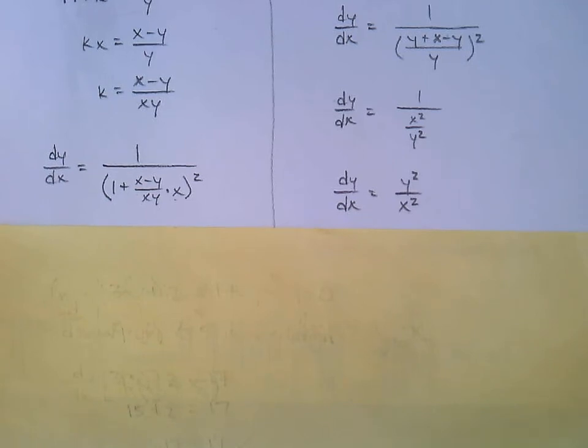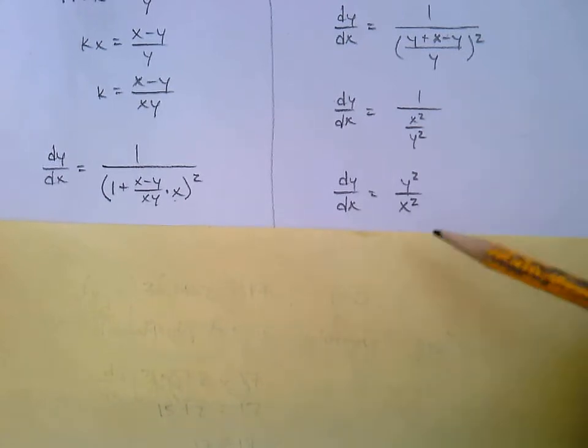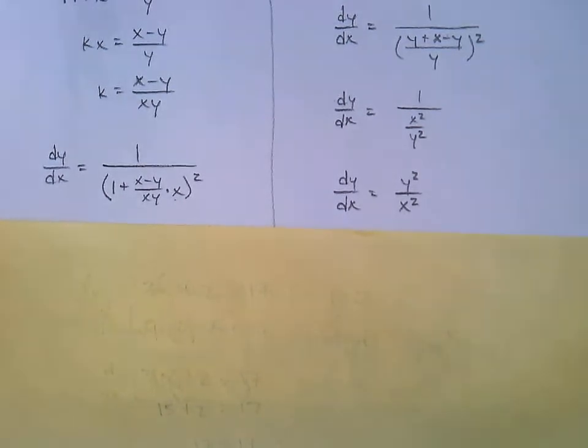Once we have the slope for the family, we think, okay, we're trying to find the orthogonal trajectory. So that means we're looking for a curve that's perpendicular. Well, hey, if you know the slope, how do you find the perpendicular slope?